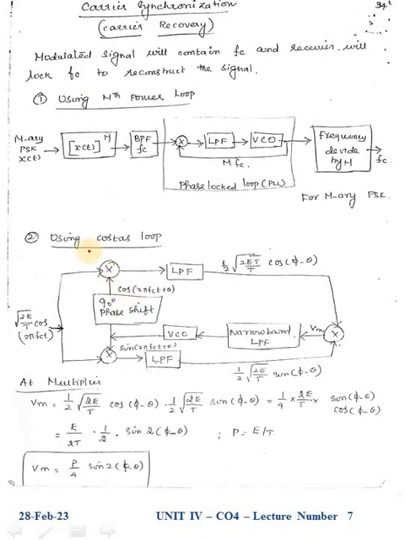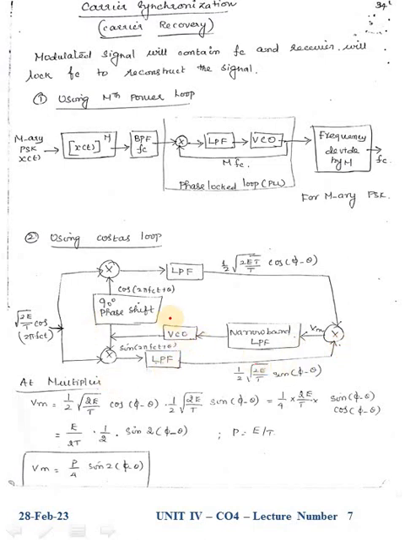If one receives cos 2 pi Fc t, the second multiplier will receive sin 2 pi Fc t. That is the only difference. So we are phase shifting the input modulated signal at this step. The next step is the low pass filter, which is designed to allow only the desired frequency, that is the carrier frequency. That is given to the summer block.